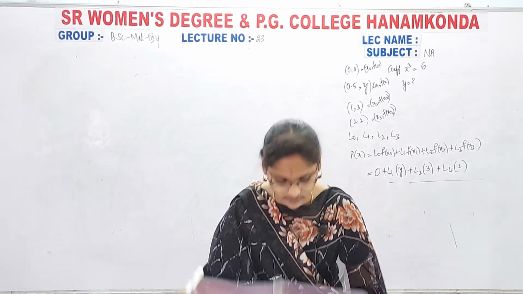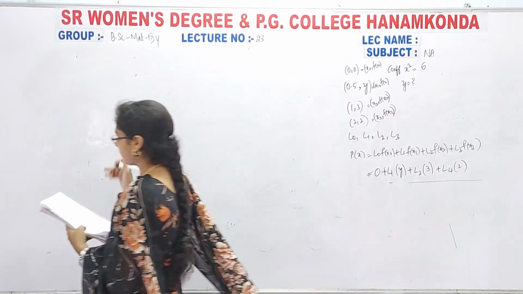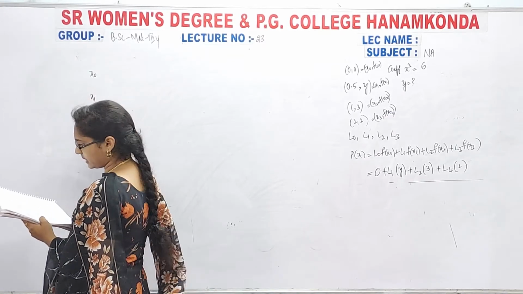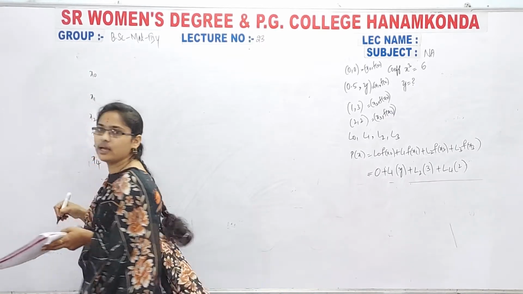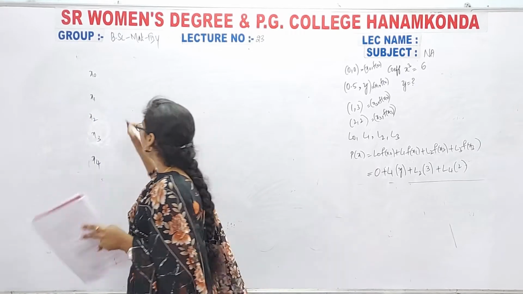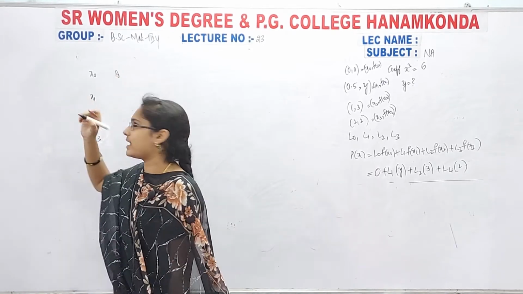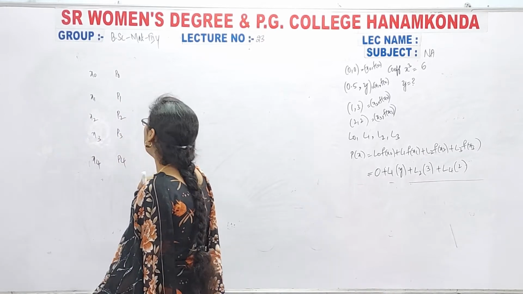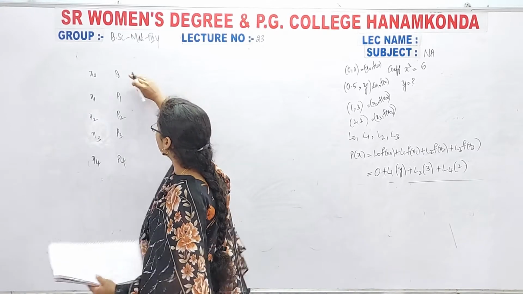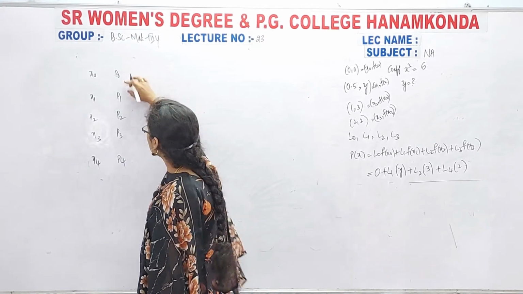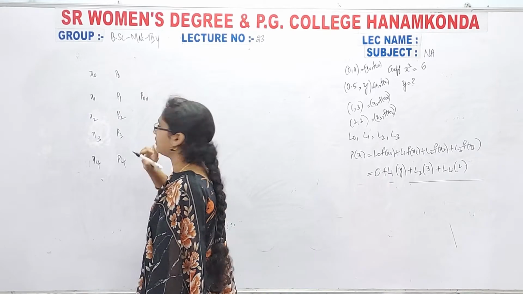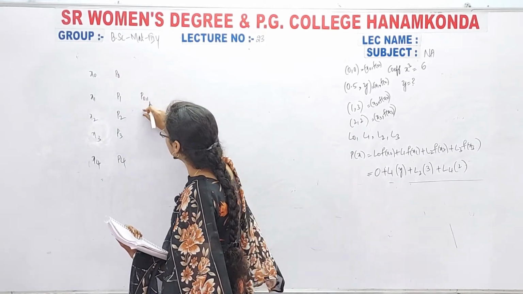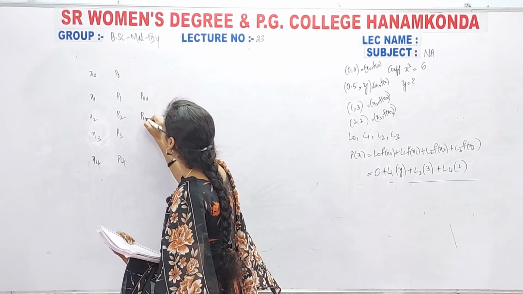Okay, now write down, take one table. I am taking just a few values for understanding purposes: x0, x1, x2, x3. Next here P0 means f of x value, so we will get P1, P2, P3, P4 also. Next, what you have to remember is, we take P0 comma 1. Okay, P0 is finished. Next in the middle, here P1 comma 2.